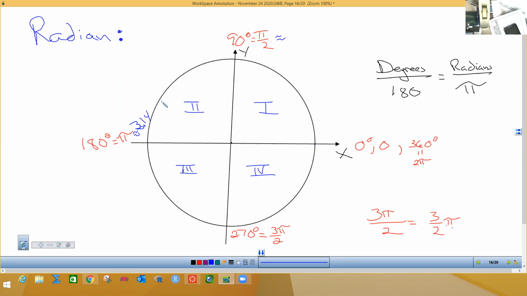So if I took this radius, from this center over to this point, and I peeled that off and I laid it on the circle so that this piece was the same length, this would be a length of 1 radian. Okay, that'd be 1 radian.